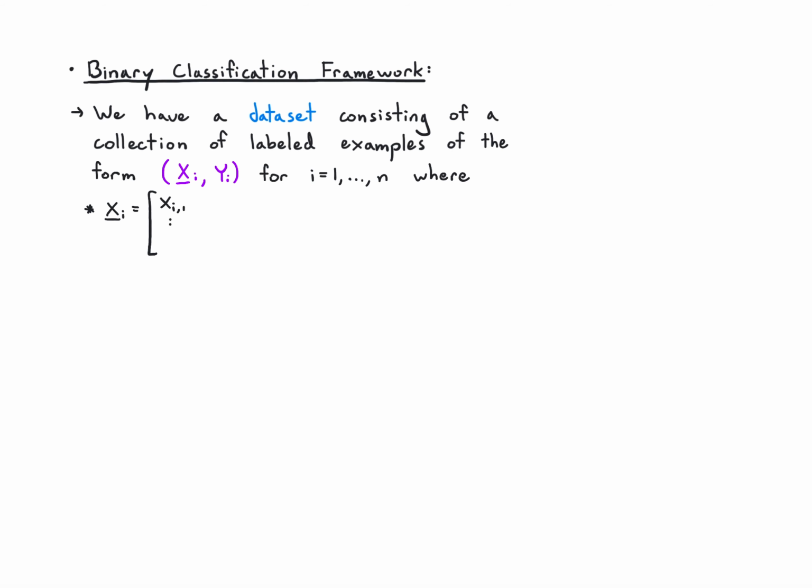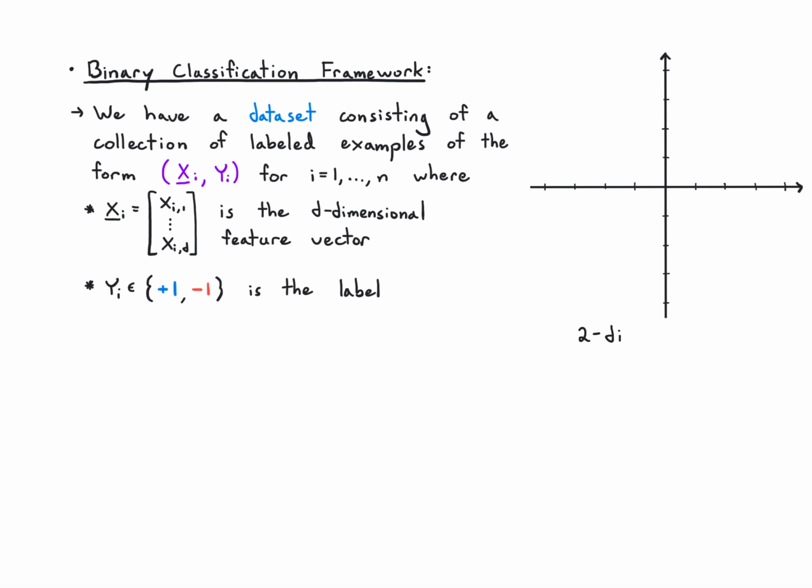The vector x_i is a d-dimensional vector, and each entry is called a feature. This is called a feature vector. If you think about those oranges, maybe one feature is the weight, another feature is the radius, and so on. It's whatever I want to put into my decision-making process. y_i is the label, and we're going to assume that it's either +1 or -1.